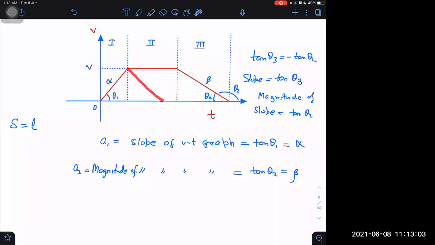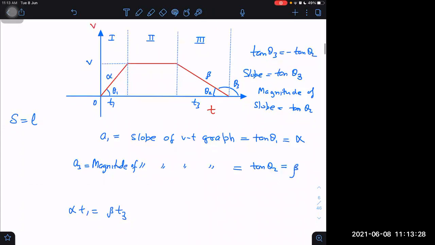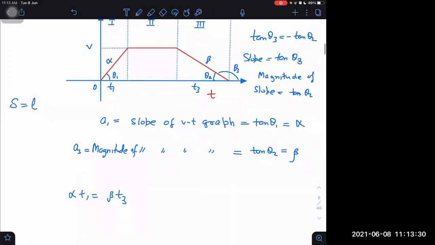So fine. Now what will be the relation between the first and the third interval? I have told you before, I can get it easily by the same method: alpha into T1 will be equal to beta into T3, where this time interval is T1 and this is T3. Can I say alpha into T1 is equal to beta into T3 the way I said last time? If it is still not clear to you, you can think in geometrical terms also.